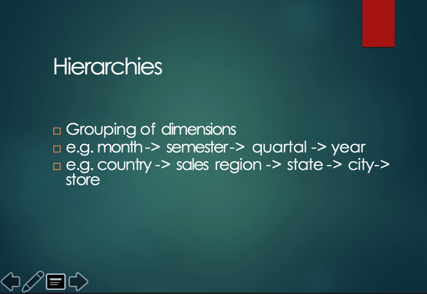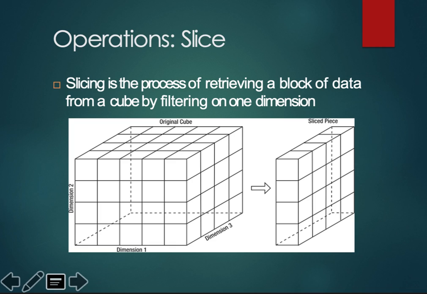Let's take a look at operations. This is slice. The diagram shows quite clearly that slicing is the process of retrieving a block of data from a cube by filtering on one dimension.